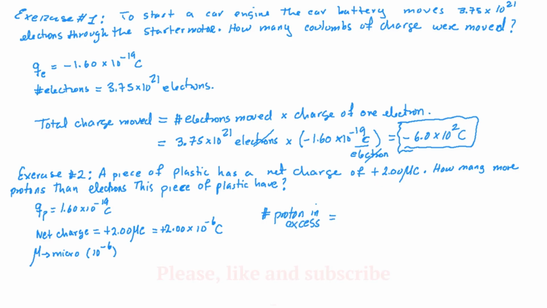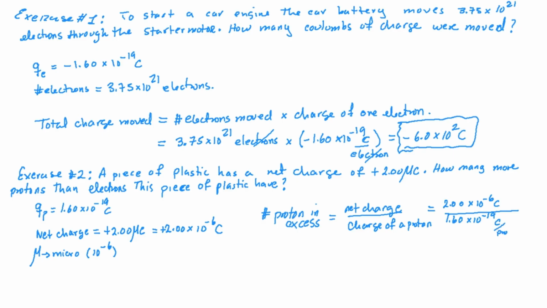We can now divide the net charge by the charge of a proton. So what is this net charge? 2.00 times 10 to the negative 6 coulombs divided by the charge of one proton, 1.60 times 10 to the negative 19 coulombs per proton.